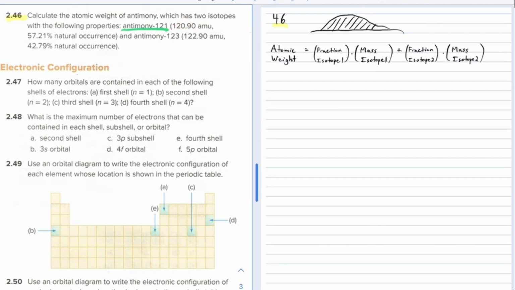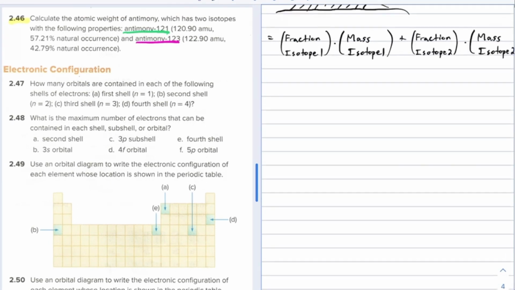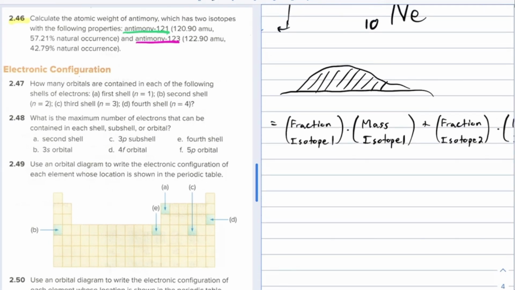And then you got antimony-123 atoms, which are a little bit heavier. They weigh that much. So randomly dispersed throughout this pile of antimony atoms, you can imagine, some of them are the 121 isotope.